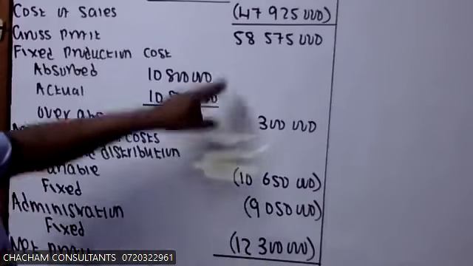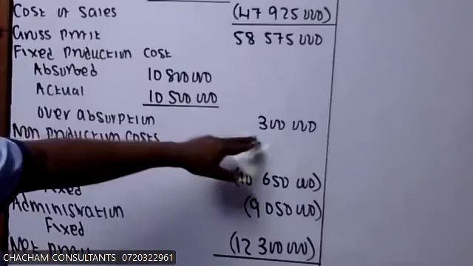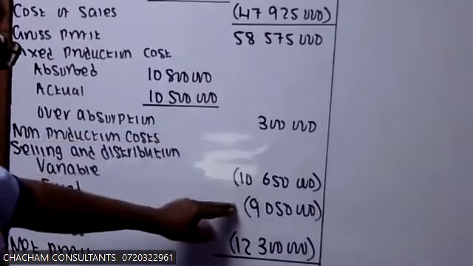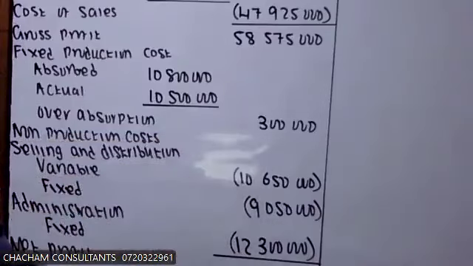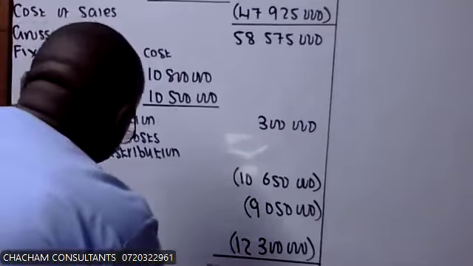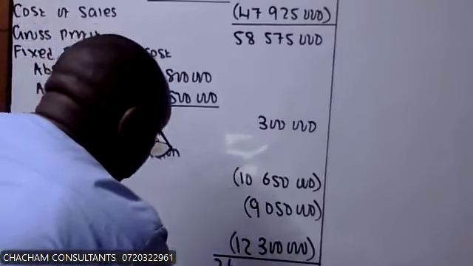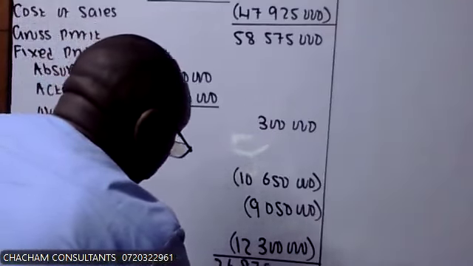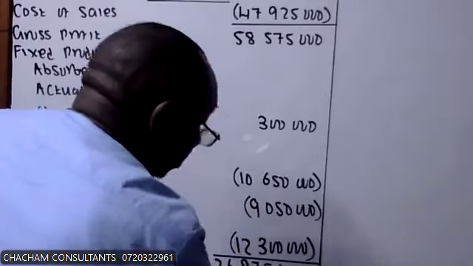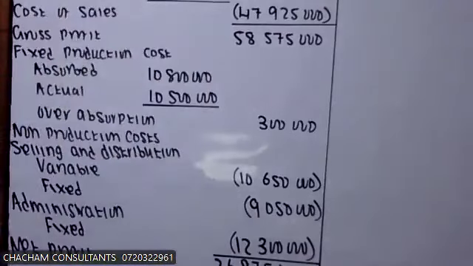You are supposed to say this 58 plus this 300 minus this 3. So confirm 26,875,000. Confirm that is 26,875.